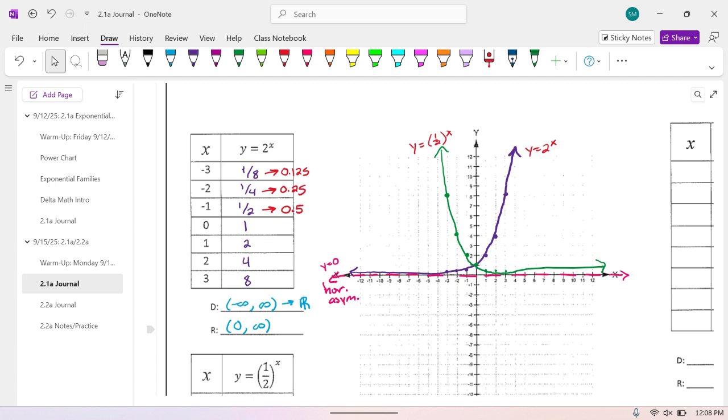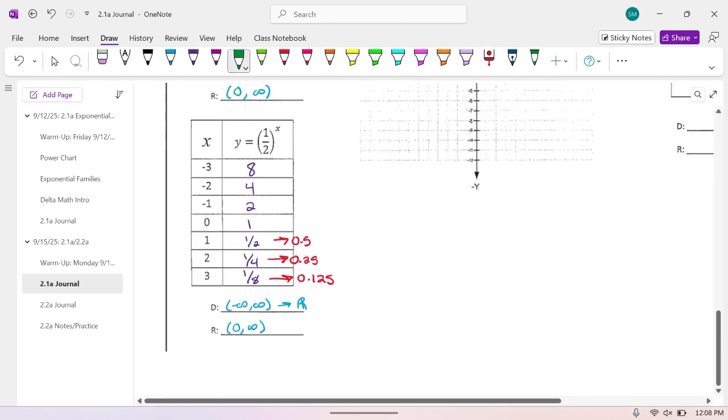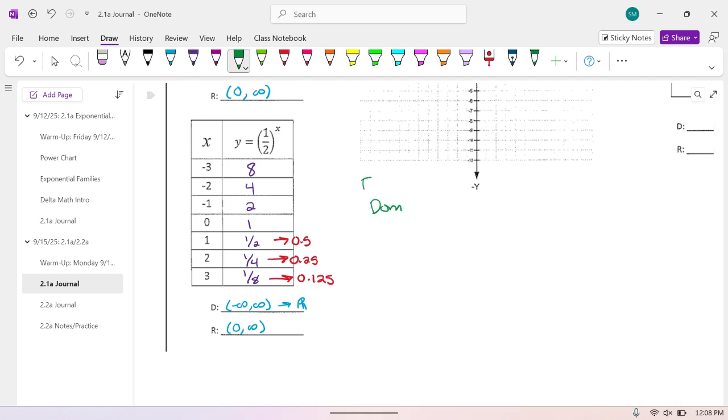All right. Now, for domain and range with exponential functions, here's a little cheat sheet. So for any exponential function, your domain will always be all real numbers.